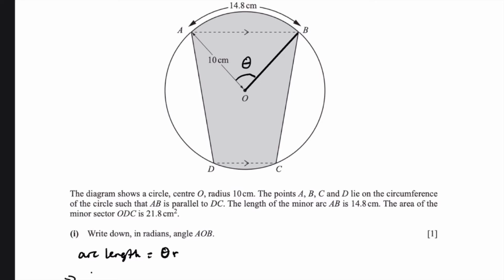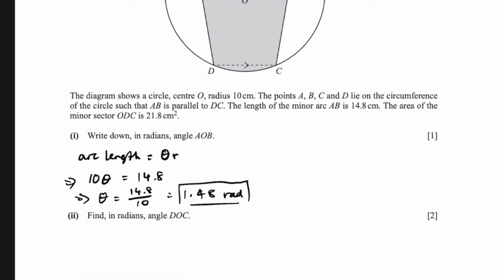So we know that 10 theta is equal to 14.8. So theta is equal to 14.8 over 10, which is equal to 1.48 radians. The sign for radians is actually a small c at the top, but I'm just going to write radians like this because you might not be used to the notation.